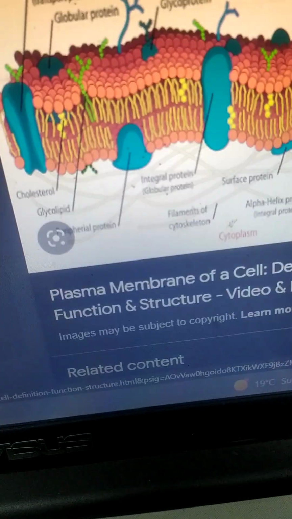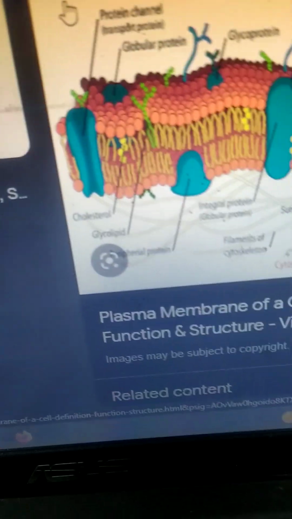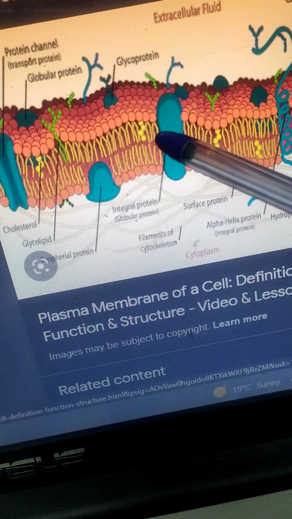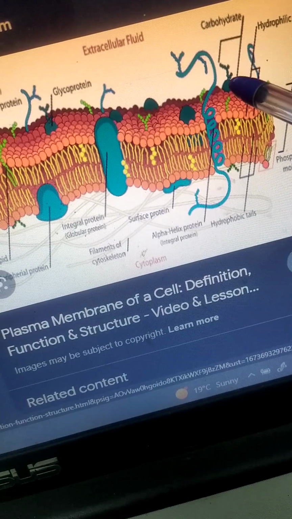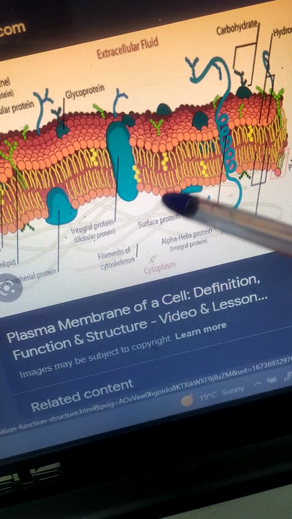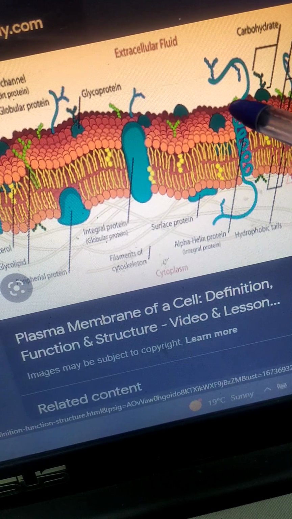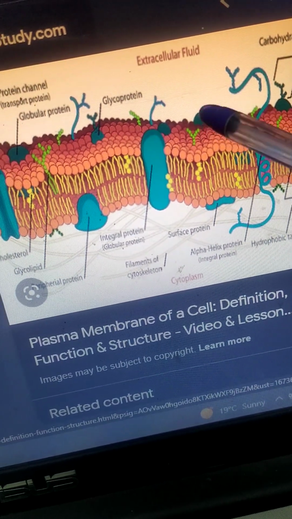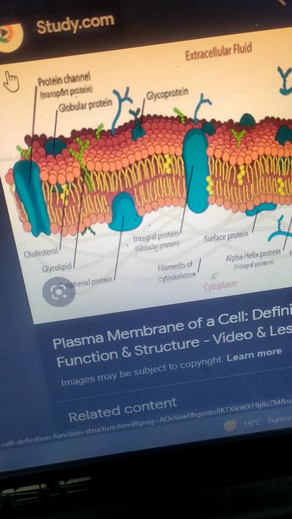And types of proteins which are present in the plasma membranes are integral proteins and peripheral proteins. This is the integral proteins, and peripheral proteins are attached either on the outside surface or inside the membrane of plasma membrane. This is your peripheral protein.